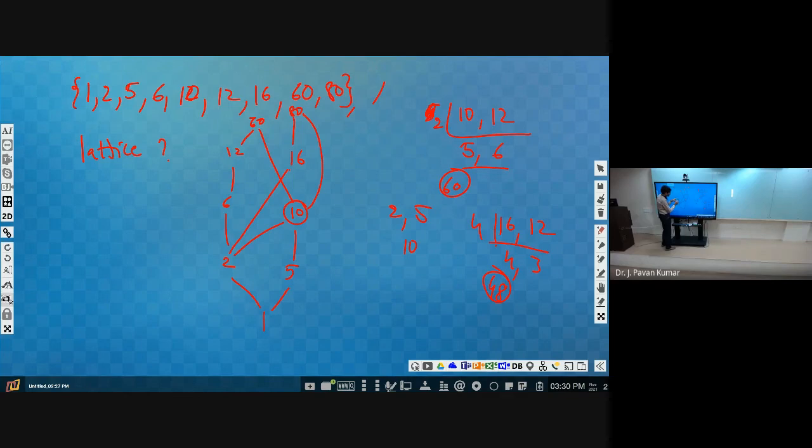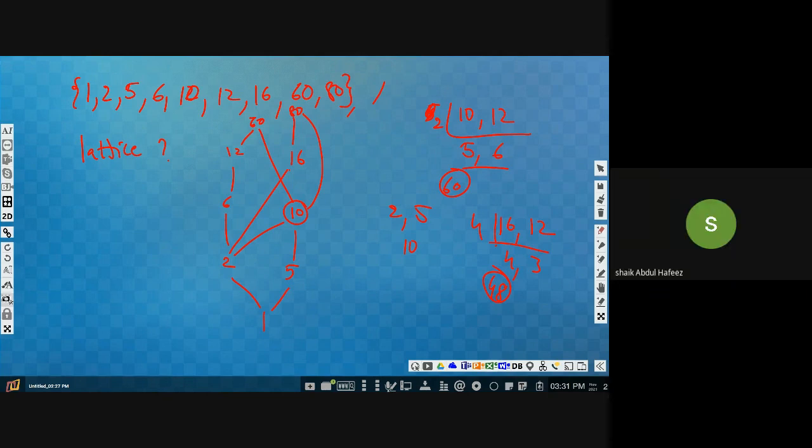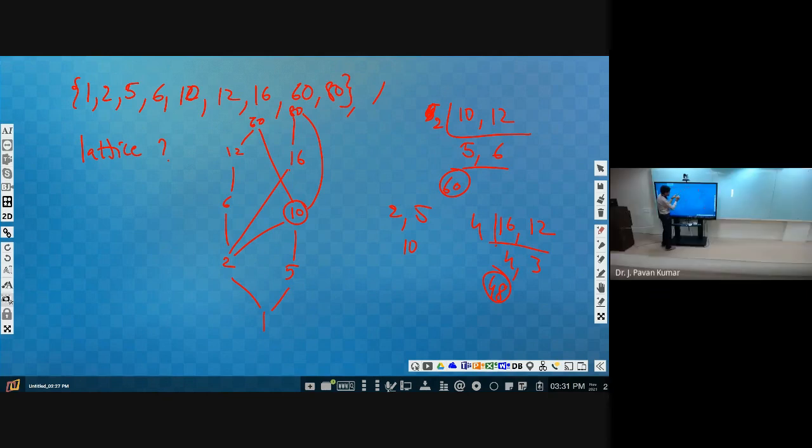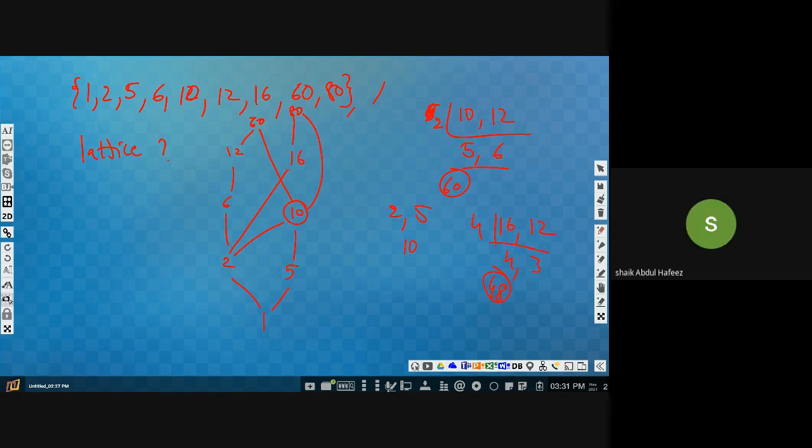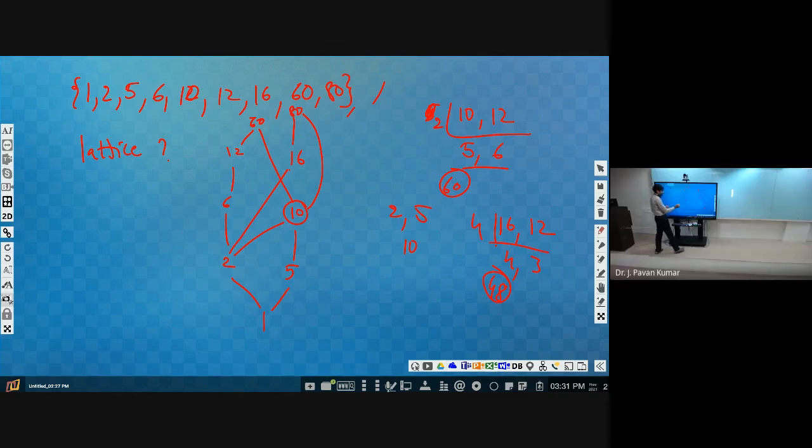Join of 6 and 10. 60. Join of 12 and 60. 60. So, if you observe, 2 and 5 LCM is 10 and join is also 10. Next 2 and 6 LCM is 6 and join is also 6.